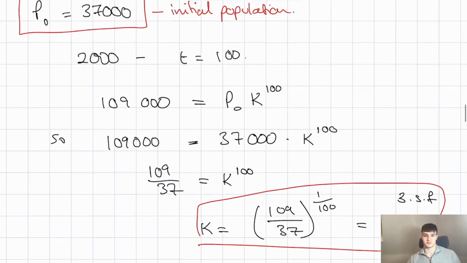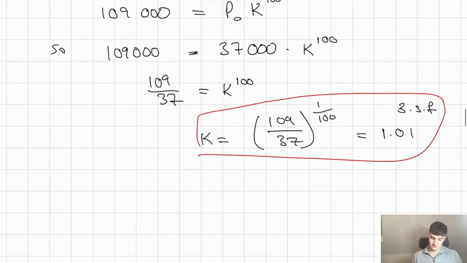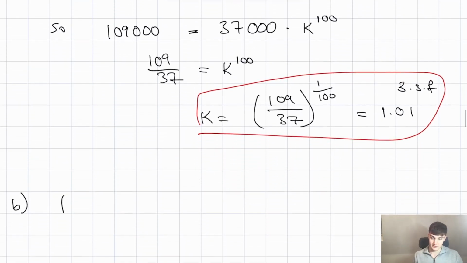Alright, so what have we got next then? Now it wants us to evaluate the derivative of P with respect to t in the year 2000. So let's do that now. We can first write out what our full formula is now.